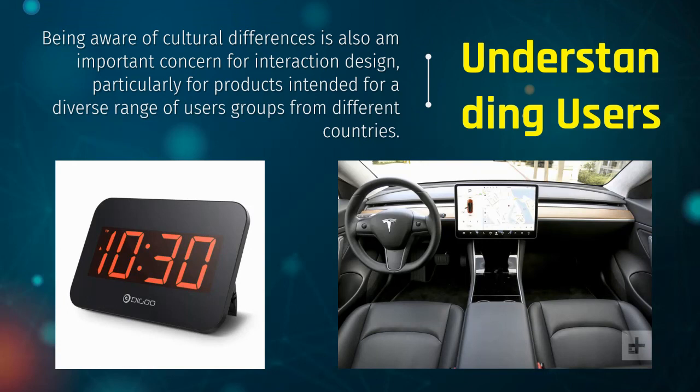An example of a cultural difference is the dates and times used in different countries, like time zones. In some countries, dates are written in the sequence of month, day, year, whereas in other countries they are written as day, month, year. So in some the day comes first, then the month, then the year, and in others the month comes first, then the day and year.